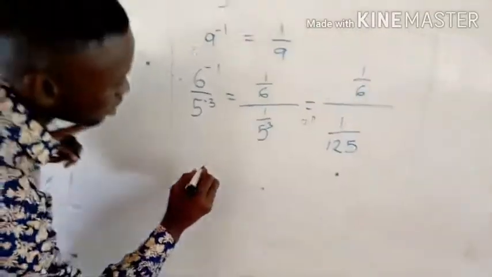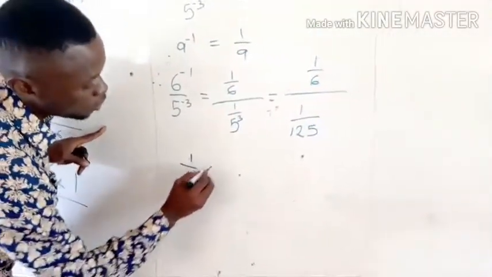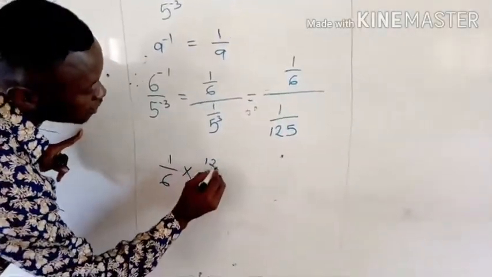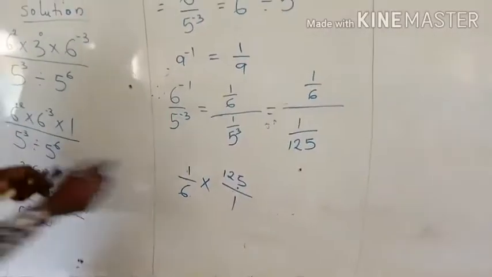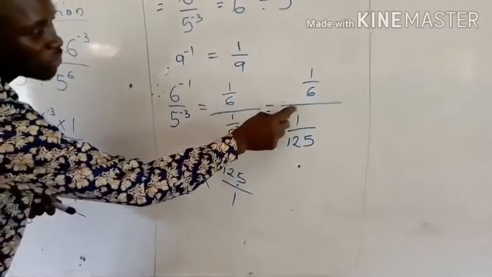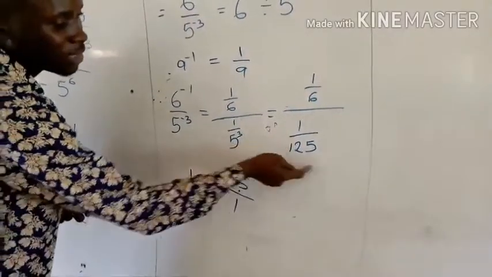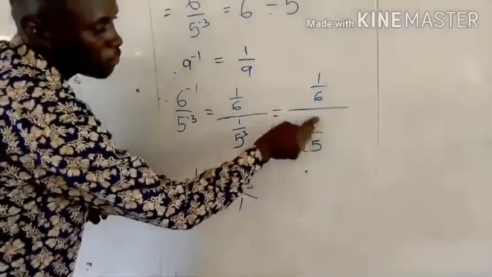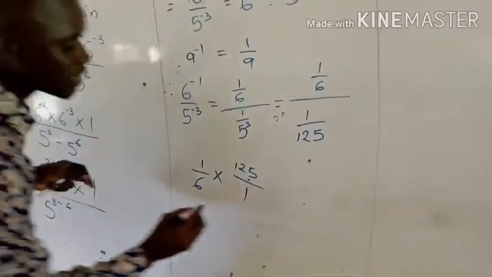That is 1 over 6 multiply 125 over 1. It has been inverted. Now, this our division has been changed to multiplication because we inverted this fractional denominator into this. Now, our final answer gives us what?